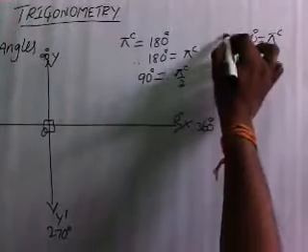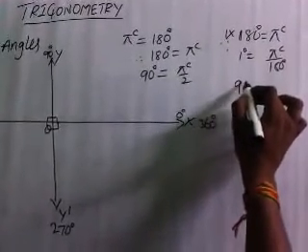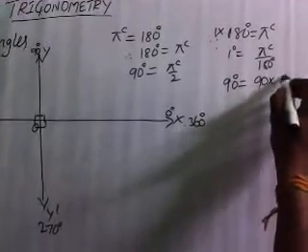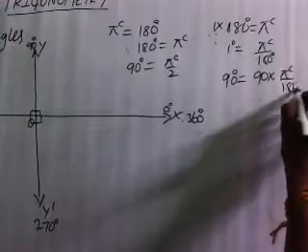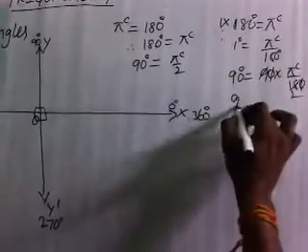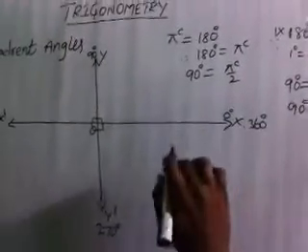So 90 degrees is equal to 90 into pi by 180. The zeros get cancelled, 9 twos are 18, so 90 degrees is equal to pi radians by 2.